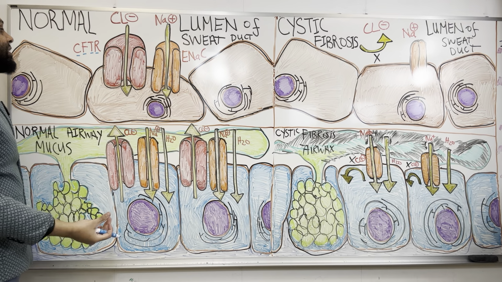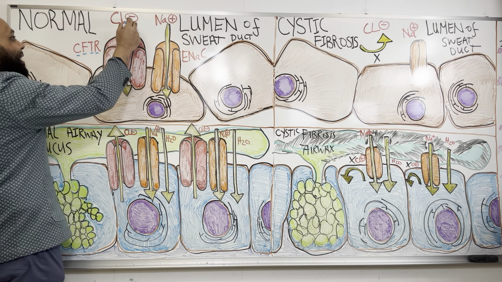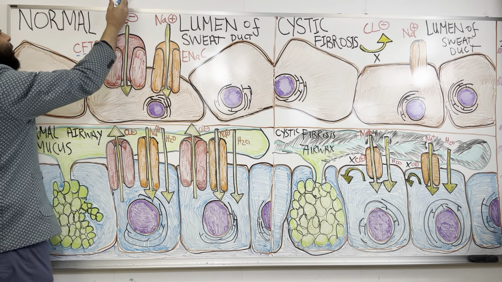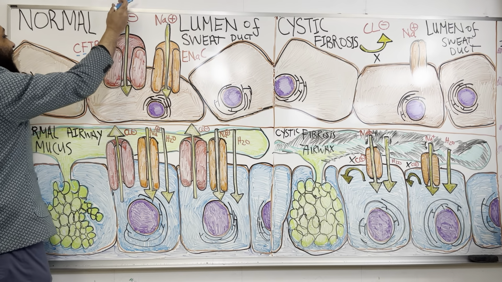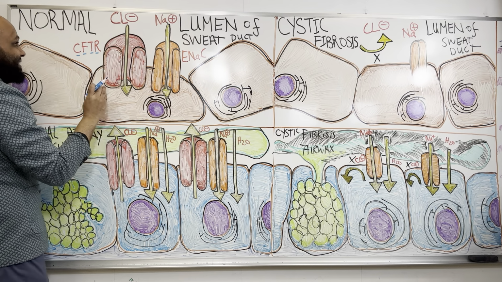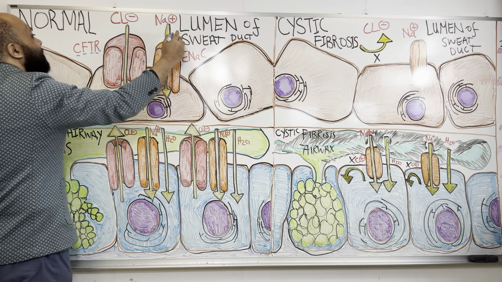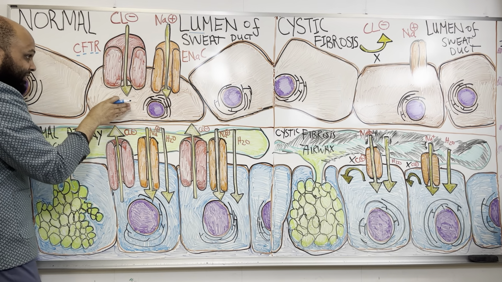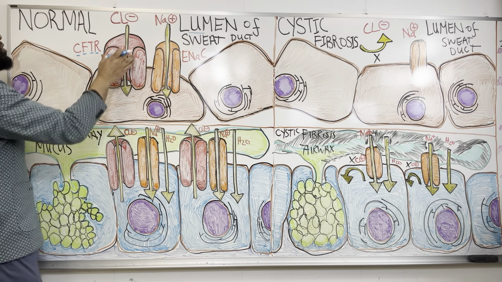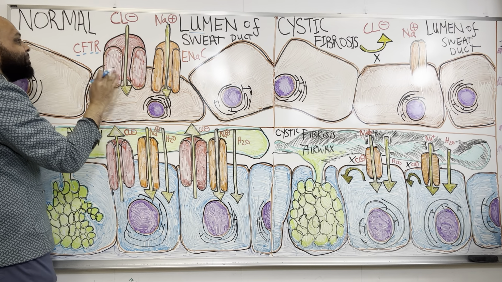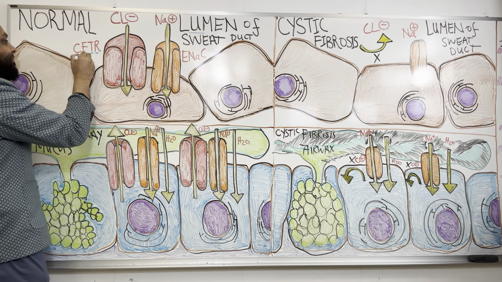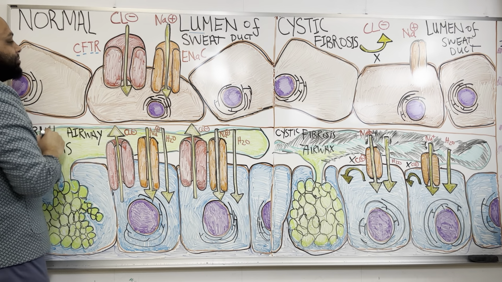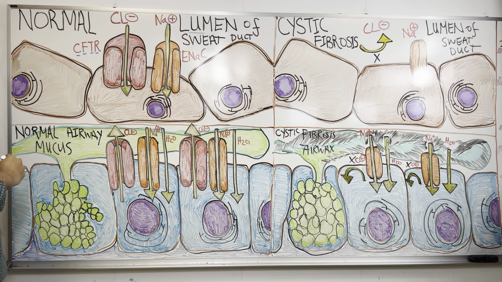In normal tissue, the chloride ion is being absorbed, brought inside the cell from where? From the lumen to where? To the inside of the cell. Through what? Through this chloride channel that is known as the CFTR, or the cystic fibrosis transmembrane regulator.